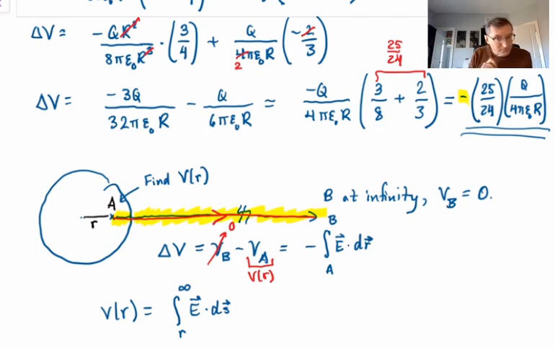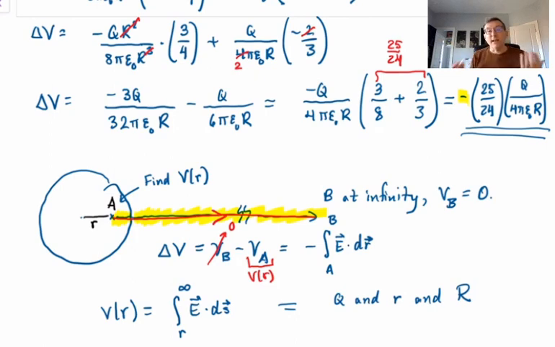Okay? And when you're done, you'll have a result that depends on big Q, little r and big R. And you will have found the electric potential at any point inside the sphere with a reference point at infinity.